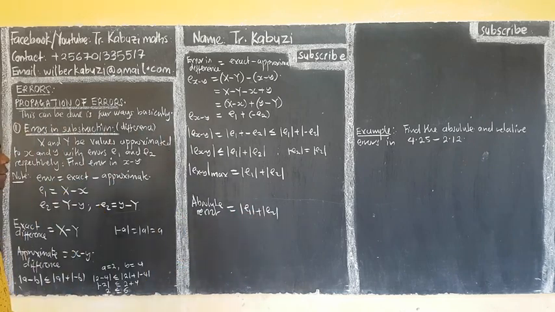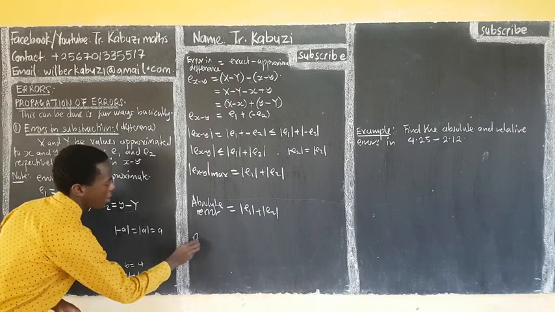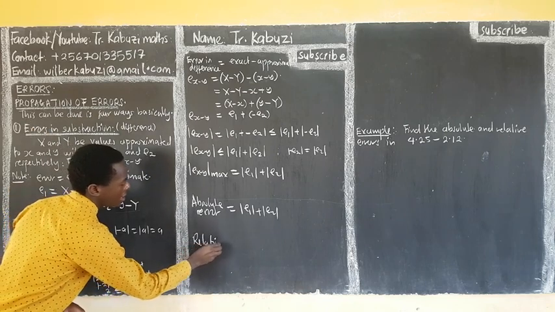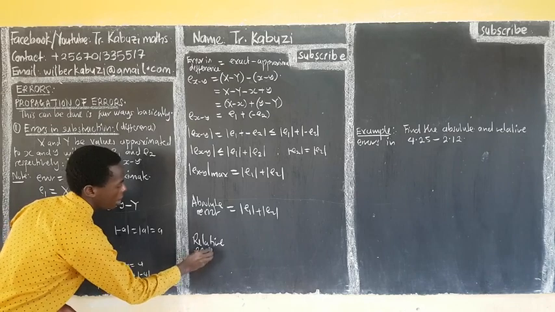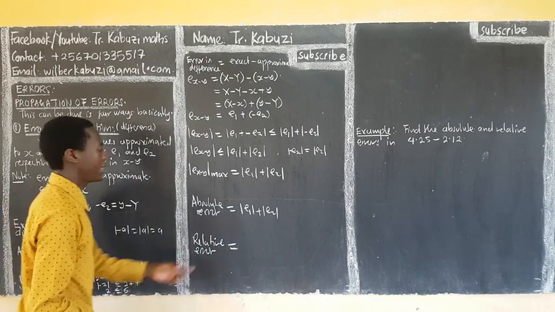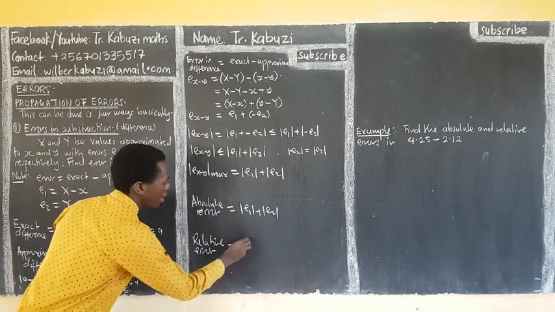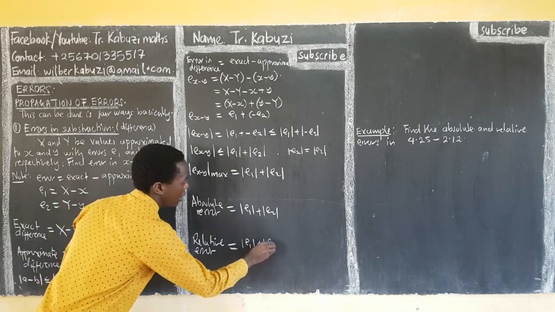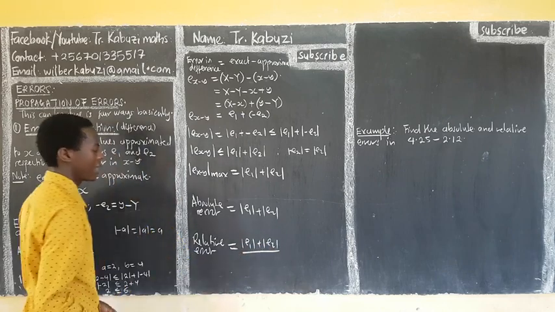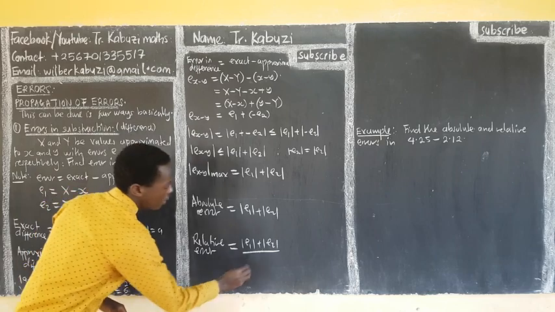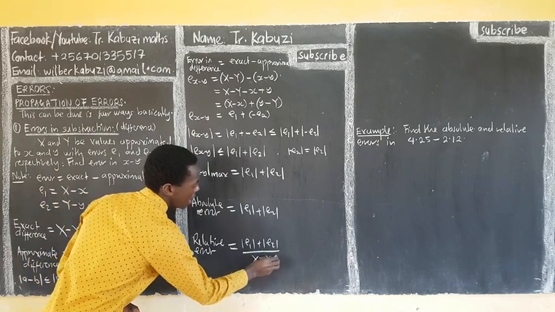Then what happens after? We can get our relative error. Our relative error will be this absolute error, E1 plus E2, the whole over the difference, which is x minus y.